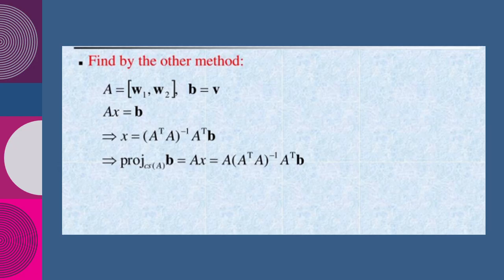The solution x can be found using the formula x equals the inverse of A transpose A, multiplied by A transpose b. Once we have x, the projection of b onto the column space of A is simply A times x. This matrix method gives us exactly the same projection answer as before, just using a different approach.